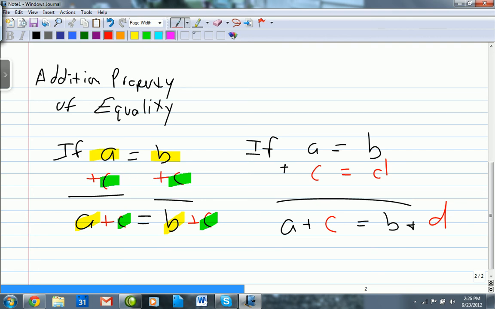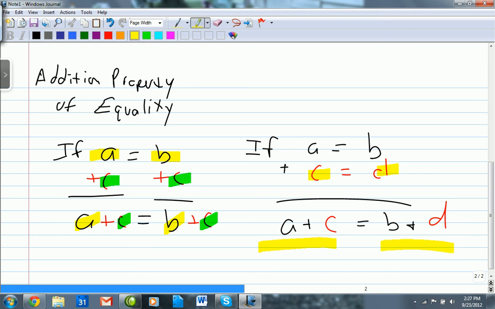Here we're adding things that are different, but they're equal. So instead of adding C to both sides, we're adding C and D to A and B, which are already equal, and those two things happen to be equal as well. Therefore, the sums have to be equal. That's the addition property of equality.